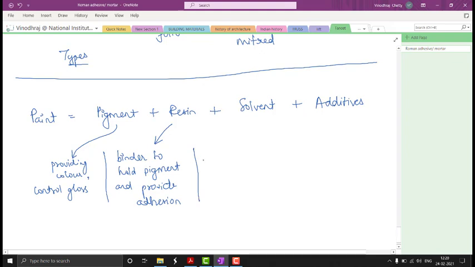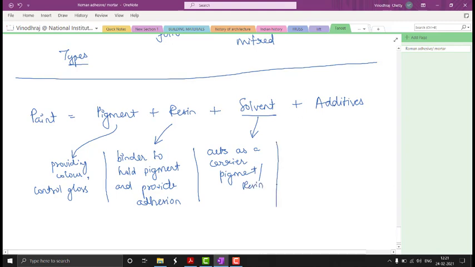And then there is solvent. So solvent acts as a carrier. It is basically a liquid that gives the watery part of a paint, right? It acts as a carrier through which the paint actually spreads on the walls or any other surface. So it acts as a carrier to pigment and resin, right?